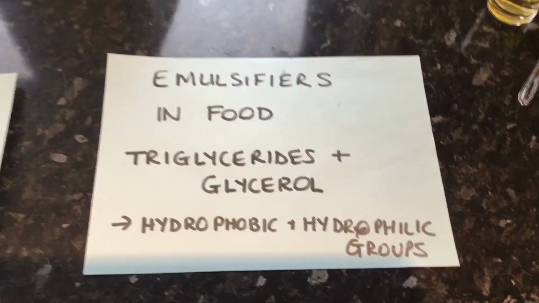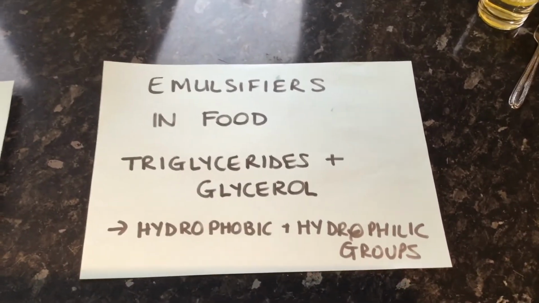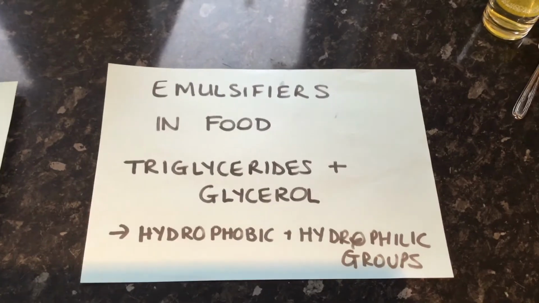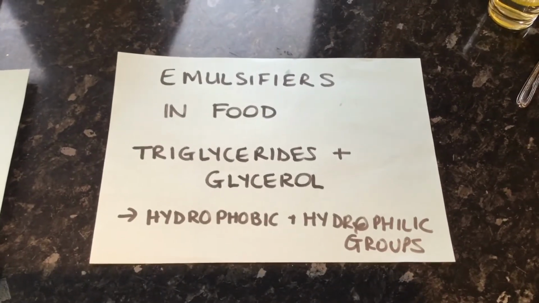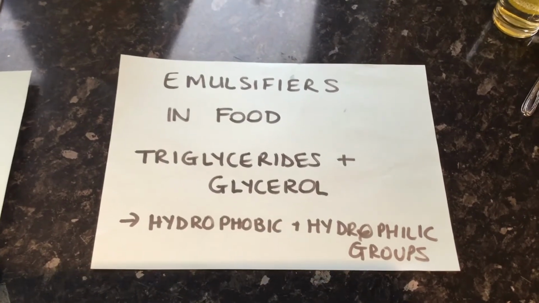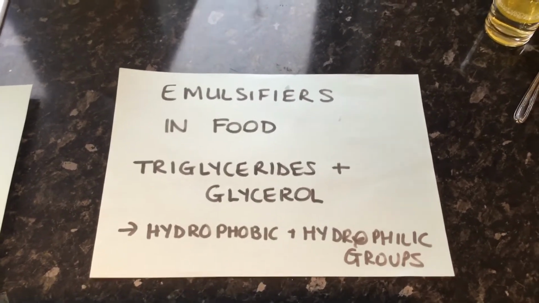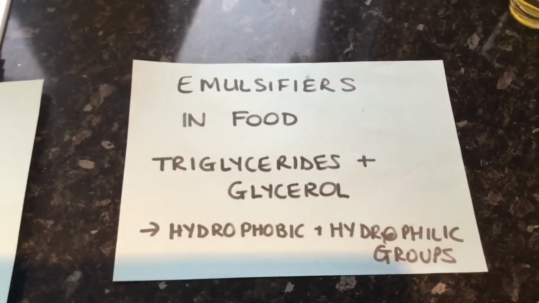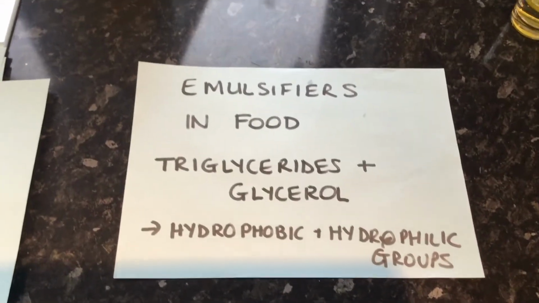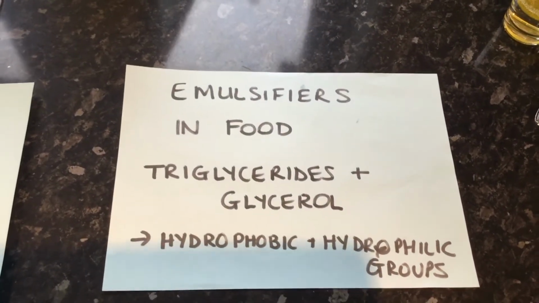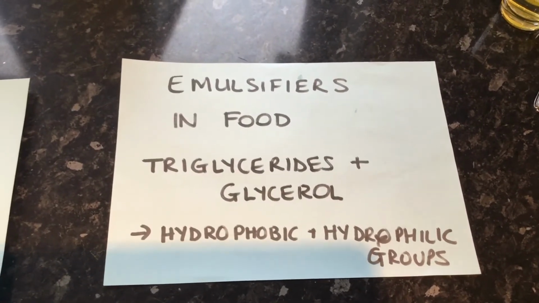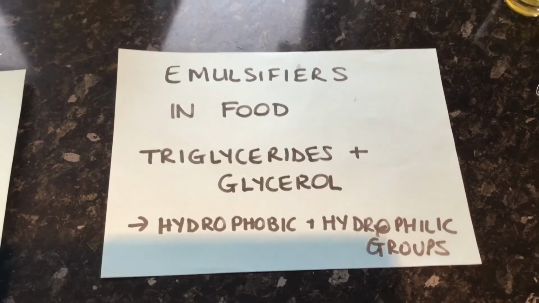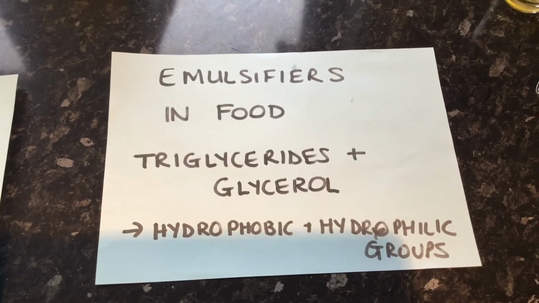And you could react this with glycerol to create molecules that are not saturated with fatty acids, and they have some hydroxyl groups, and this allows them to interact with hydrophobic and hydrophilic molecules, and then what they do is they interact with the fats, and they can distribute this with more water-based substances that are in the foods. So food oils and fats can be distributed throughout the food.